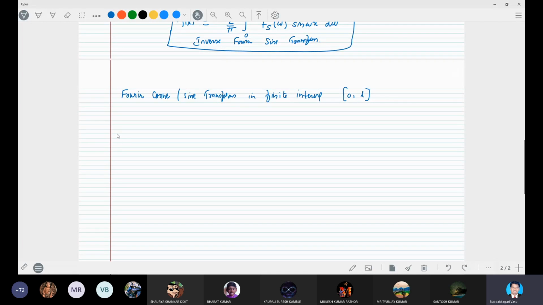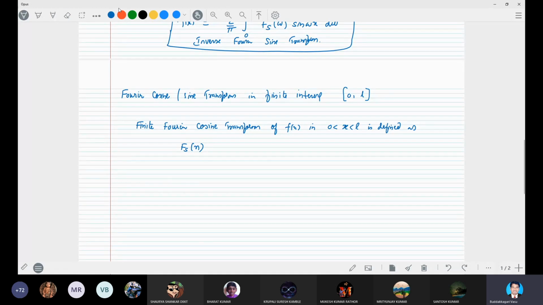This is called the finite Fourier cosine transform of f(x) in the interval 0 less than x less than L, defined as fcn. Understand?